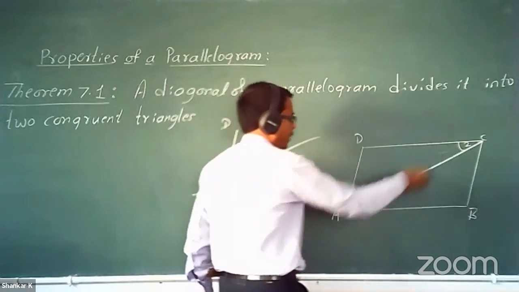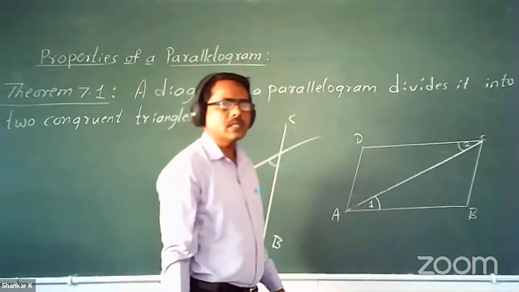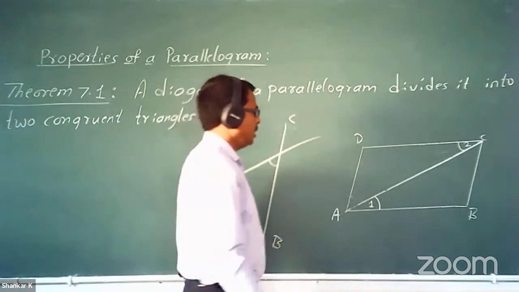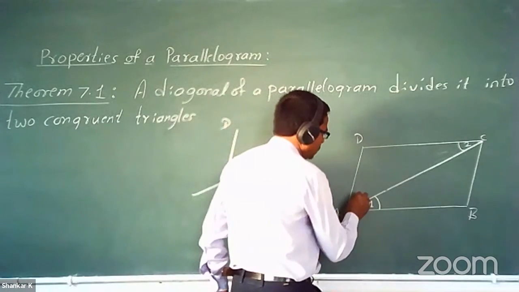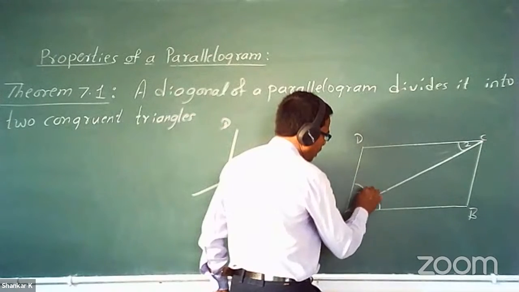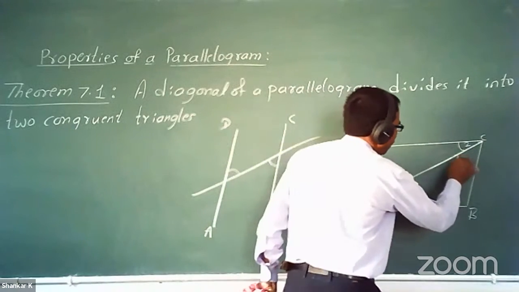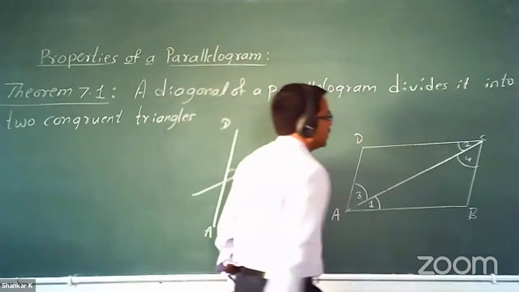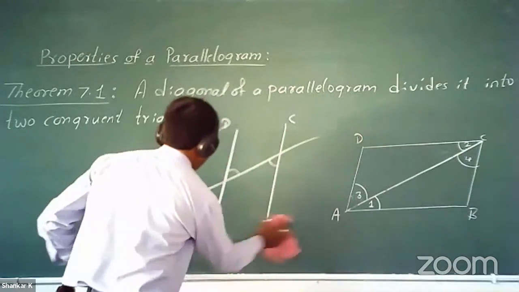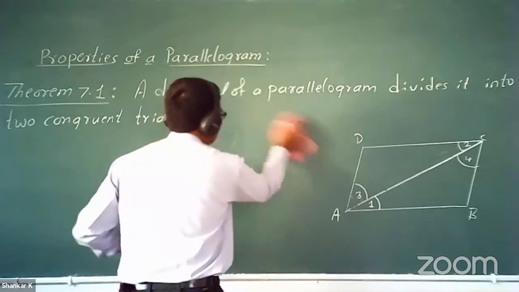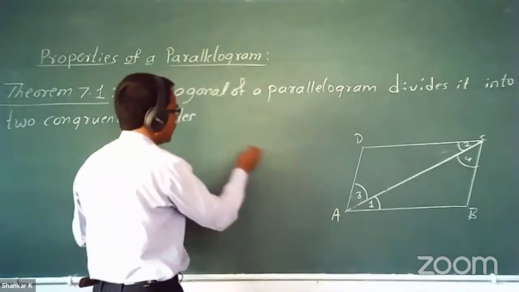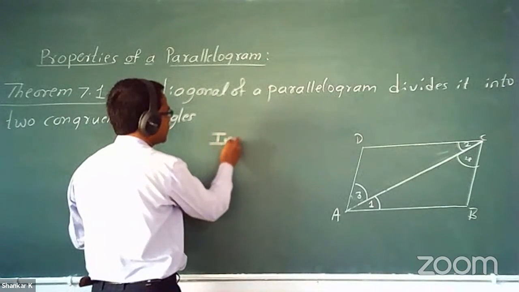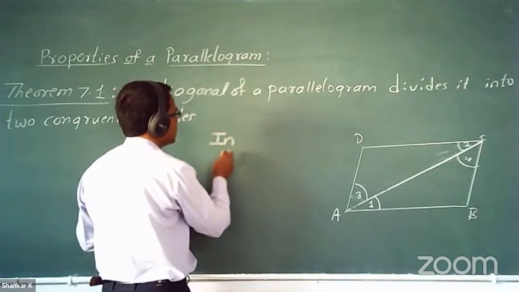Here AD and BC are also parallel because it is a parallelogram, opposite sides are parallel. So 3 and 4 are equal. Later we shall write all the steps. First I want to make you understand.